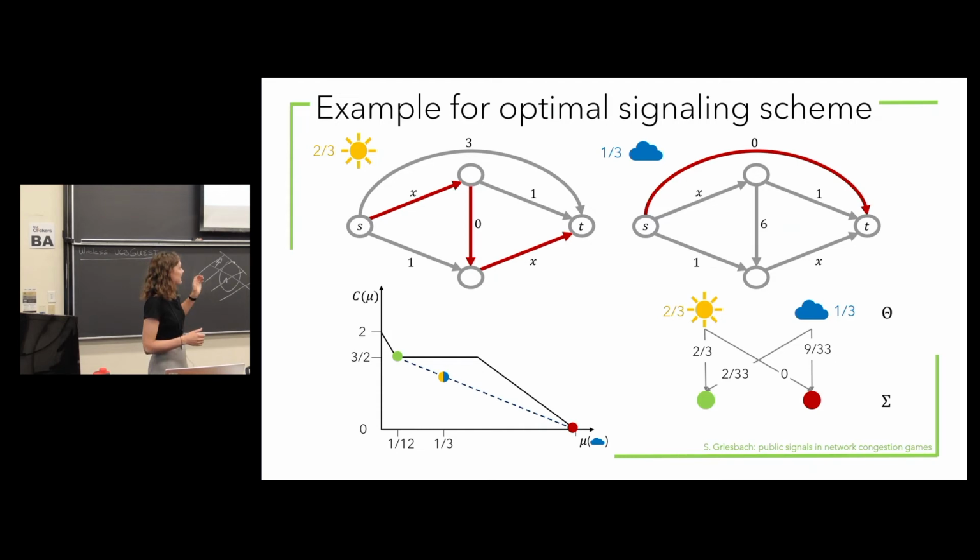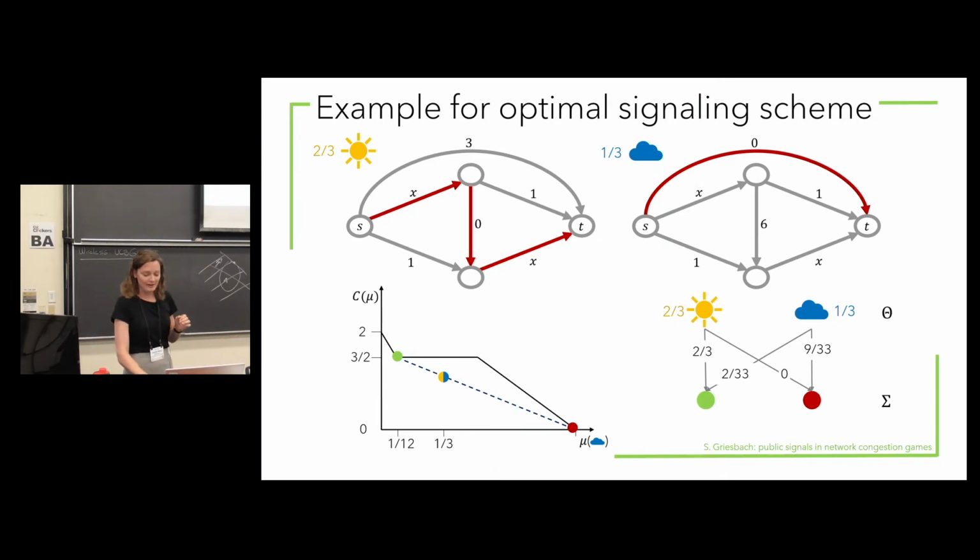And here in this case, whenever there's sunny weather, then the traffic service provider will always flash the green light. He will never flash the red light. But if it's a bad weather day, then the traffic service provider will randomize between green and red light with a probability of 2/33 for the green light and 9/33 for the red light.